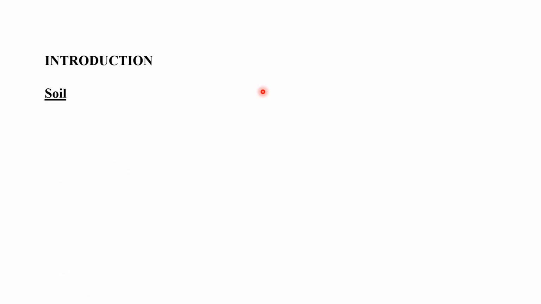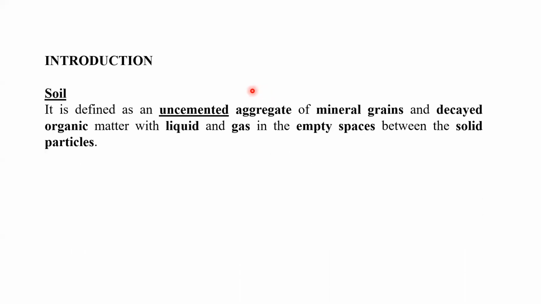What is soil? Soil is defined as uncemented aggregates of mineral grains and decayed organic matter with liquid and gas in the empty spaces between the solid particles.